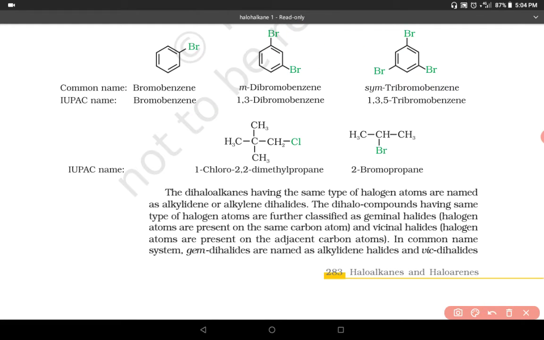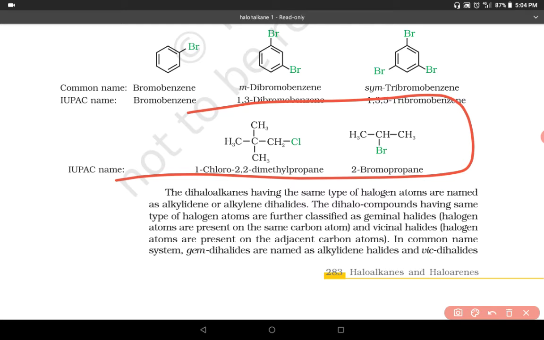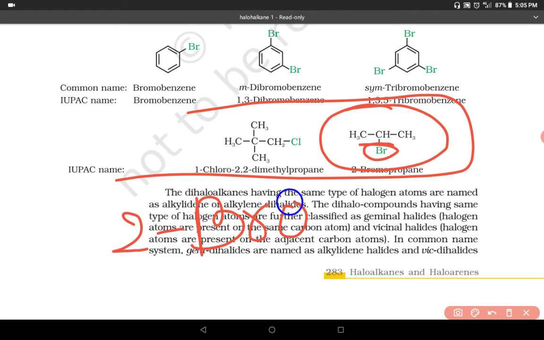Next we consider this. I think it looks complicated, but it is easy. Let us consider from here. What is the position of bromine? Second position, write the position 2. Is there any 1 or 2 bromines? Only 1 is there, so no need to write di or tri or mono. Next, what is the halogen? Bromo, right?